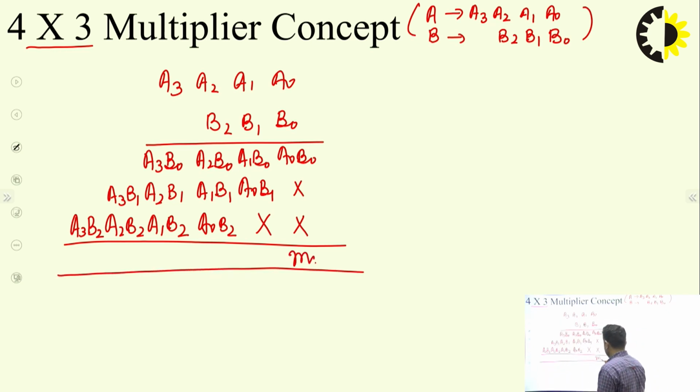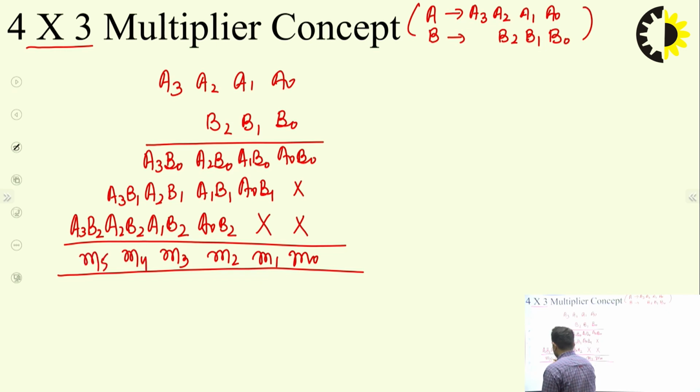So there will be M0, M1, M2, M3, M4, M5, and there might be some carry and the answer might go up to M6, that means a total of 7 bits.